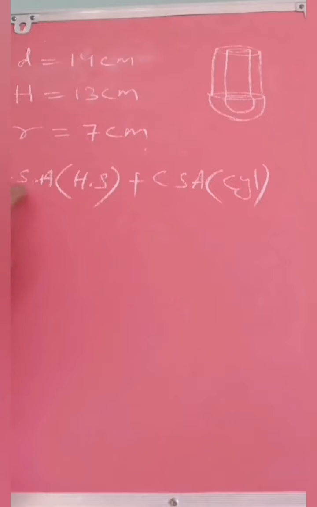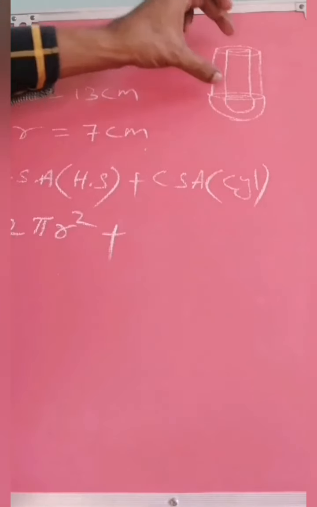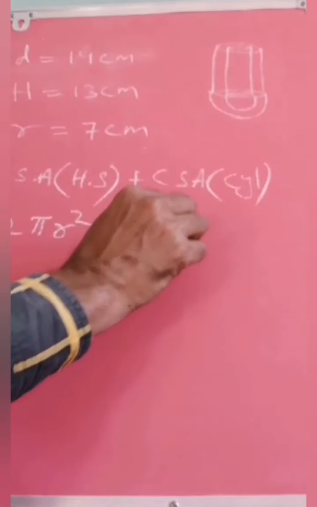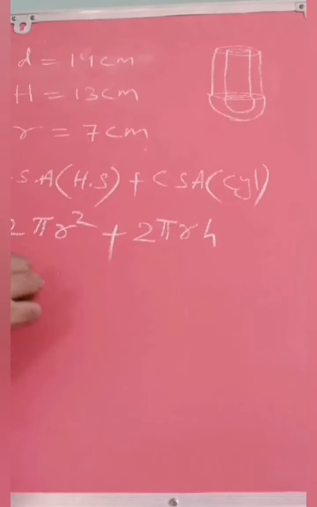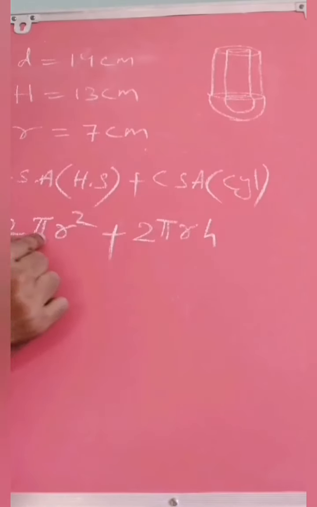And your formula: the curved surface area of a hemisphere is 2πr², plus the curved surface area of a cylinder is 2πrh. That implies, take common whatever is there. Yes, we have 2πr.